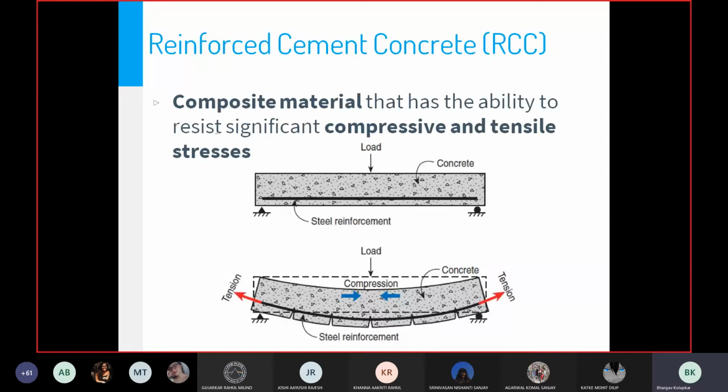Now, RCC is thus a composite material that has the ability to resist significant tensile stresses as well, which was otherwise impossible. Along with the amount of steel that is to be put, the location where you put the steel is equally important.